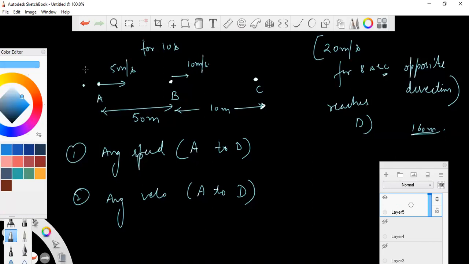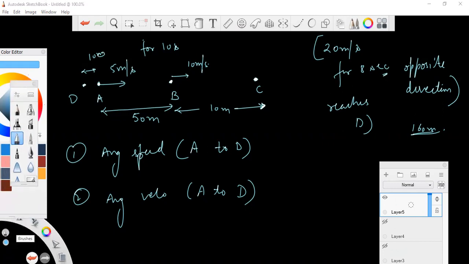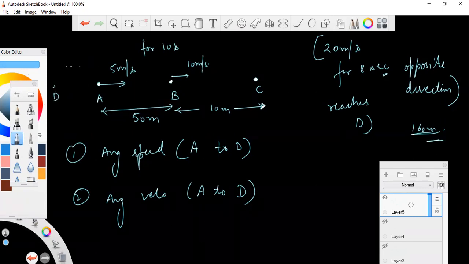It will travel 100 more beyond A. So this D will be over here, and this is 160, correct. So this is where point D is placed, left of A, at 100 meters.